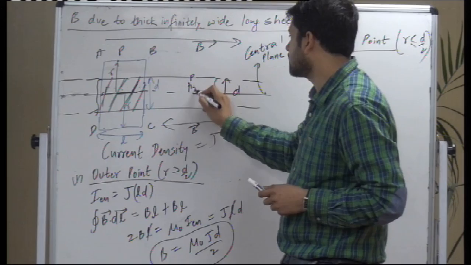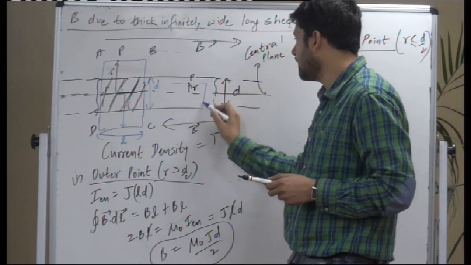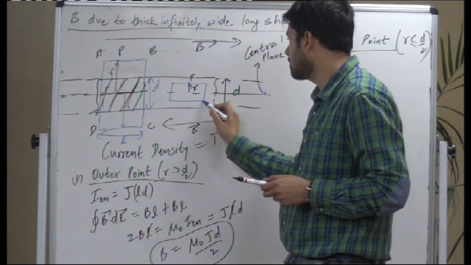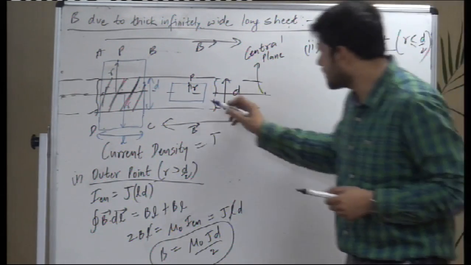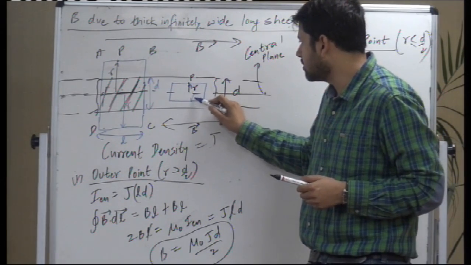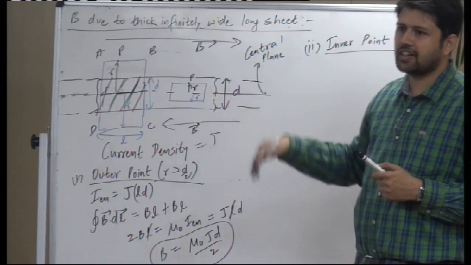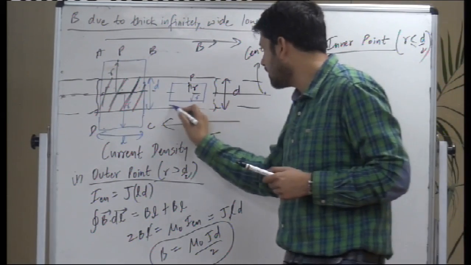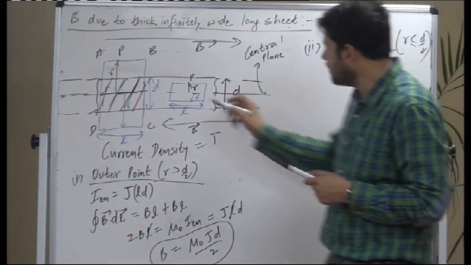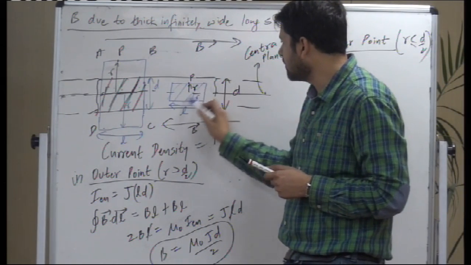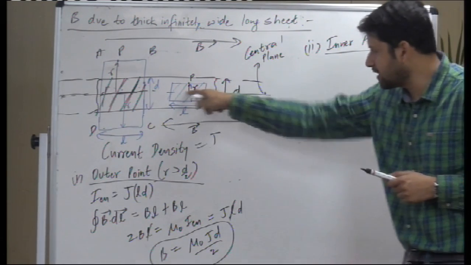The distance is R. So for this, the Amperian loop would be like this: R distance up and R distance down from the central plane. Let the length be L again. So again we would consider current through this area only, the shaded region.